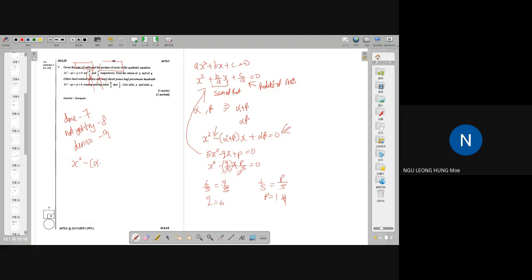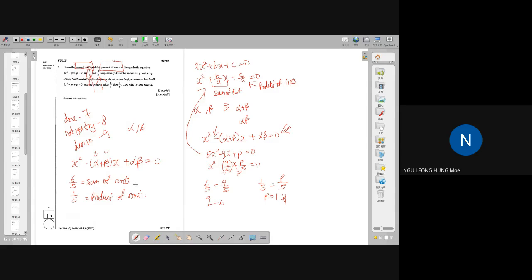Let's say alpha ialah one of the roots and another one is beta. So in this form, kita mesti tukar dalam bentuk ini, then whatever root that they give, kita ganti untuk alpha and beta saja. Dan sekarang ni dia kata 6/5 ialah sum of roots, 1/5 ialah product of roots.